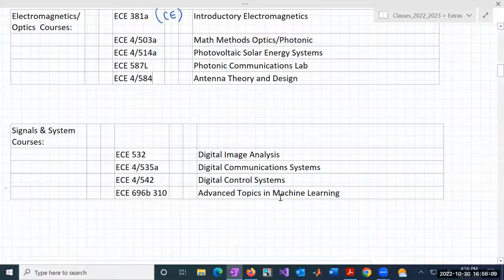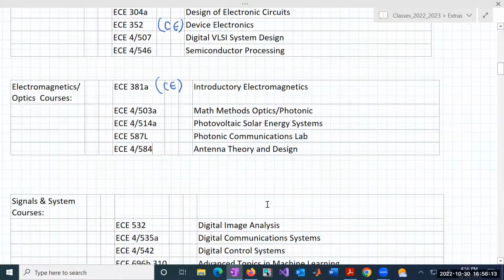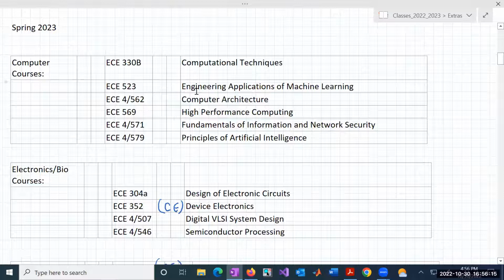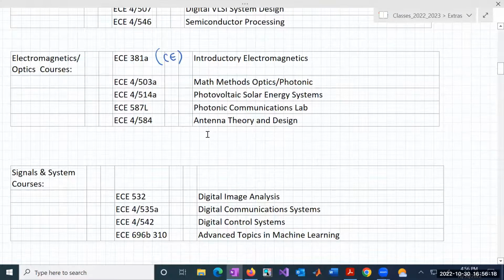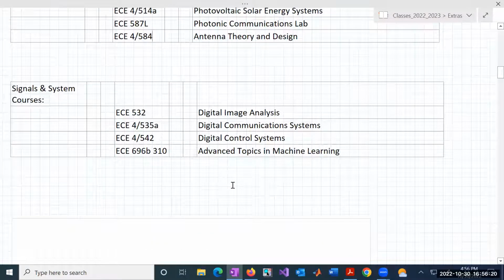As I said earlier, we're offering a couple of classes in machine learning. Obviously, you might want to already have taken 523, but you might be able to take both of those in the spring semester. This particular class is advanced topics in machine learning, and you might want to then talk to the instructor, Dr. Tandon, to see if you could make that work in terms of what your foundational coursework looks like moving into advanced topics in machine learning.